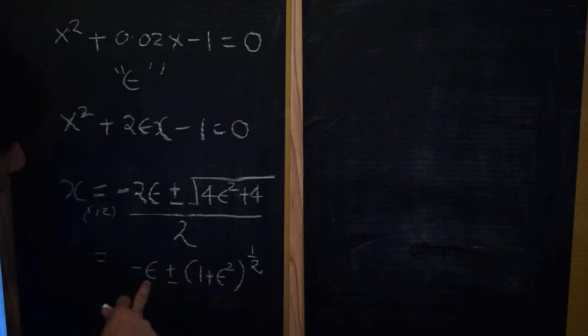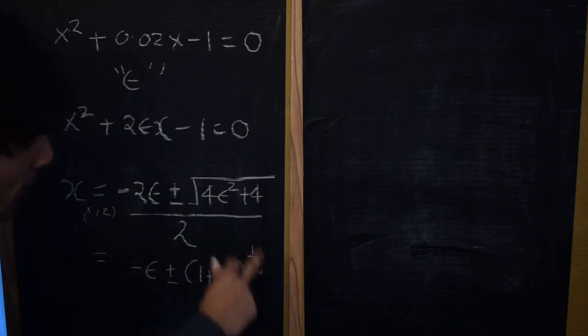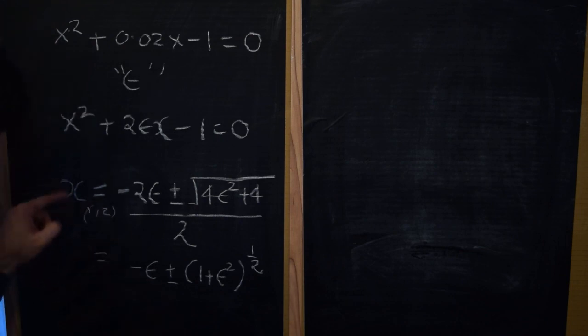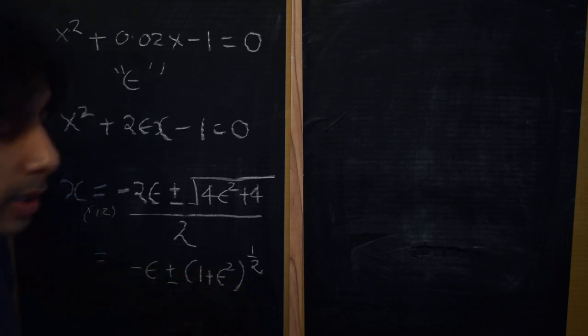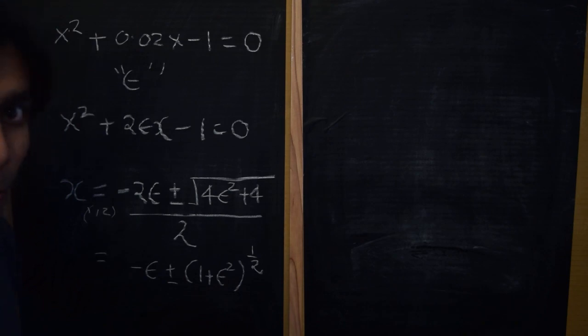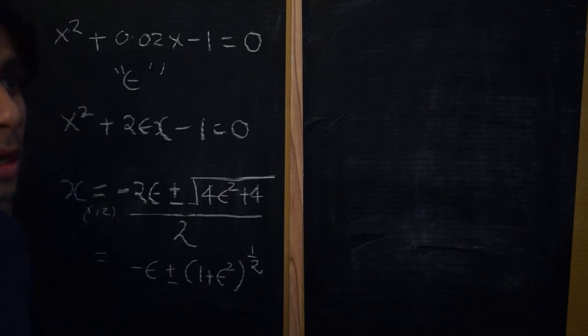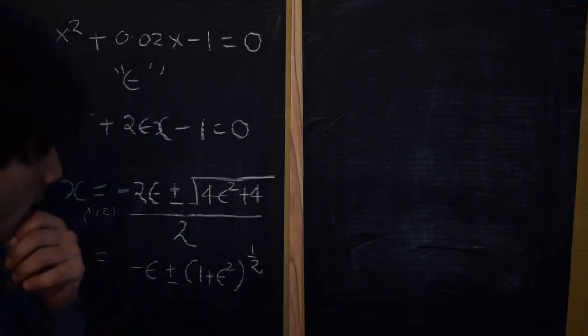Right now we see that we have an epsilon to the power of 1, but then there's a factor 1 plus epsilon square, which is under a square root. So if we can express the roots x1,2 in powers of epsilon, that will give us an approximate solution to this quadratic equation, and that will enable us to see how perturbation theory comes into the picture. So let's look at that.